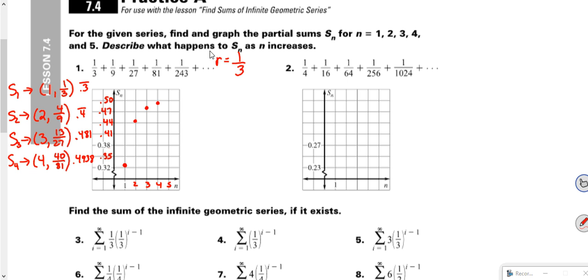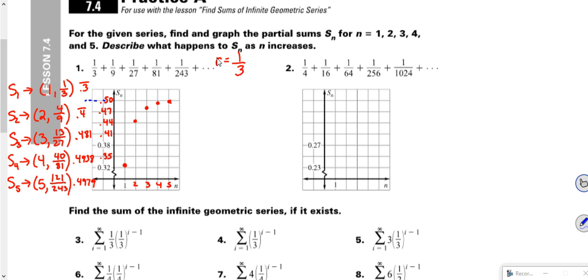The sum of the first five terms is 5, 121 over 243, which as a decimal is 0.4979. So we're getting even closer to 0.5, just below it. Now, what can you tell here?